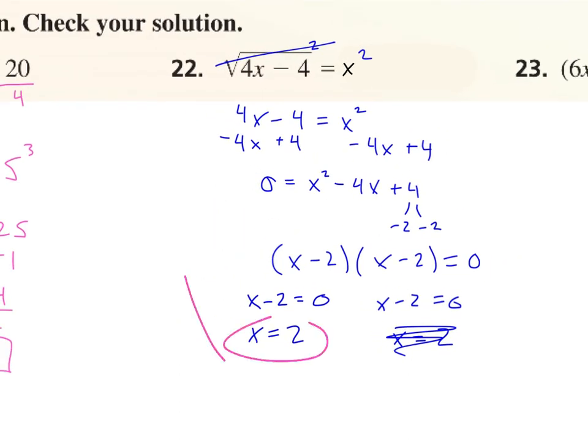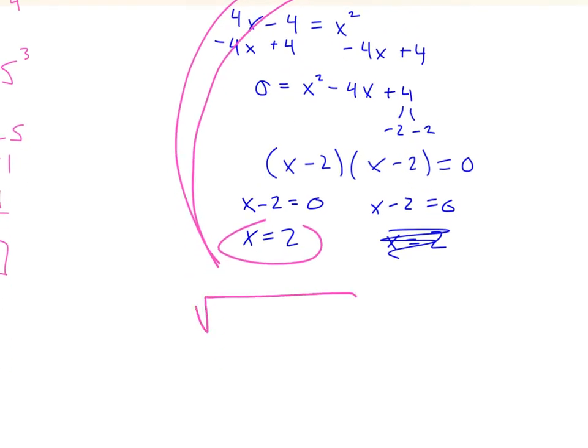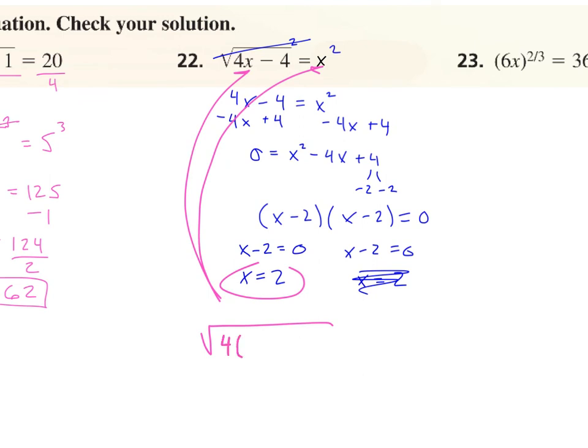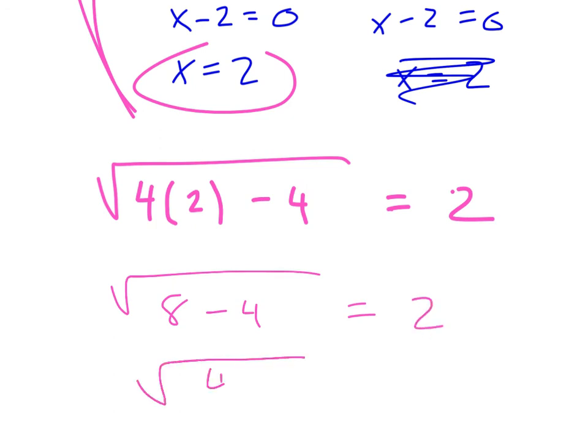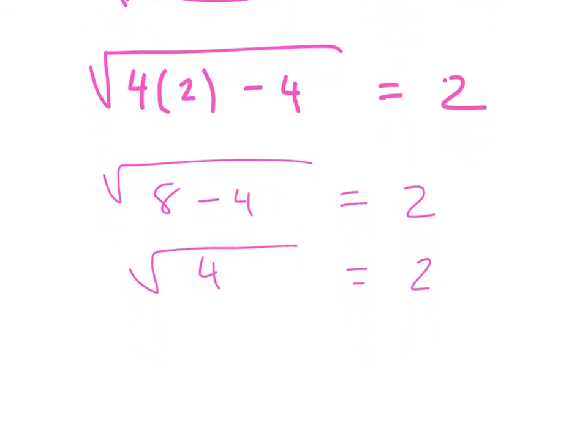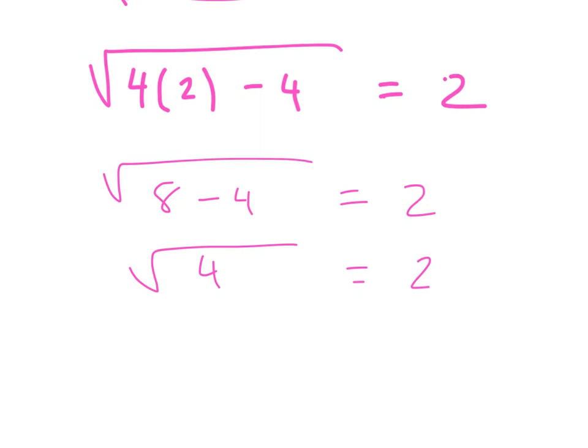Take it, plug it in to check our work. So we have the square root of 4 times 2 minus 4 is equal to 2. So the square root of 8 minus 4 is equal to 2. What's the square root of 4? 2.